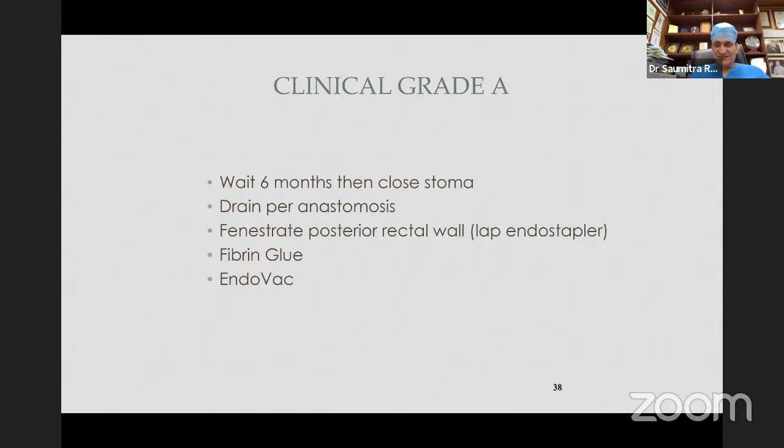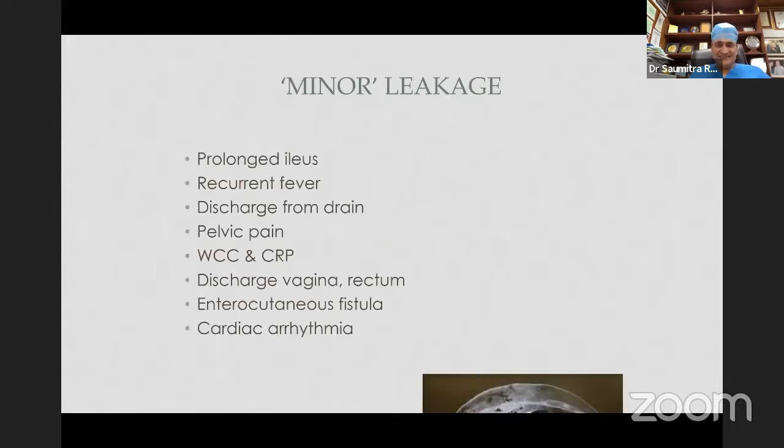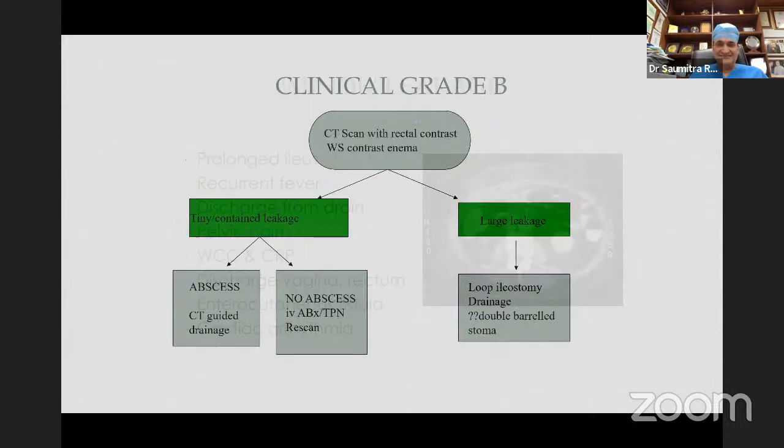In the Western world and some centers in India, they are using Endo-SPONGE as well with good results. And this is about the minor leak. This usually happens if the patient has a prolonged ileus, recurrent fever, pelvic pain, or sometimes, if you delay it further, a discharge from the vagina and rectum.